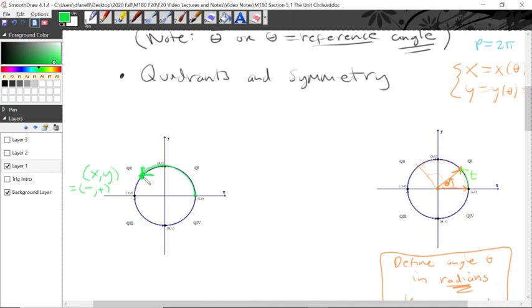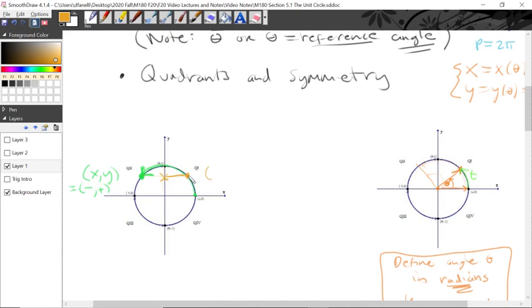Also notice, by reflective symmetry, that if we take this point and reflect it through the y-axis, we would see on the other side of the y-axis, back in quadrant 1, by reflective symmetry of the circle itself, another point, which is going to have very similar x and y coordinates.